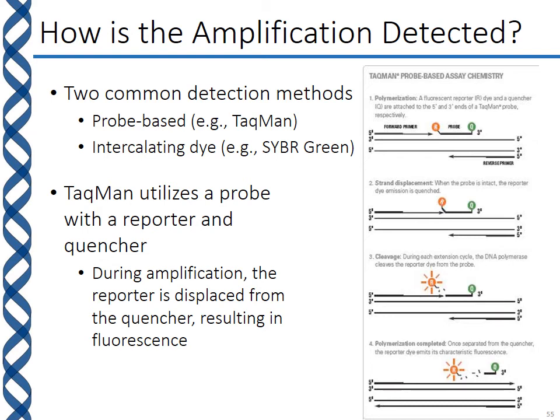And so as you can see in number 3, the cleavage section, that reporter molecule has now been displaced off of the probe, and so what we end up with, that reporter floats off into the reaction mixture because it's no longer in such close proximity to the quencher. Now it continues to fluoresce as it was before, but that fluorescence is no longer being entirely absorbed by the quencher and can therefore be detected.